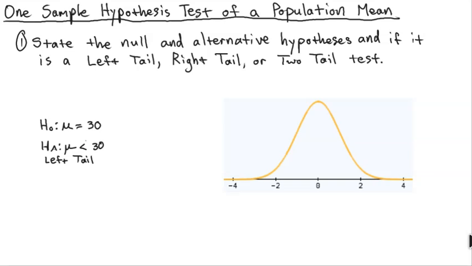Now, because we're using a less than symbol, okay, that's what makes this a left tail test. So this is the norm. If we were to look at a normal distribution curve, a bell-shaped curve, we know that the mean, where z equals 0, is sort of the norm, okay? This is what's normal for everybody, okay?